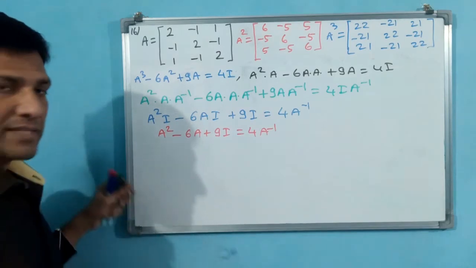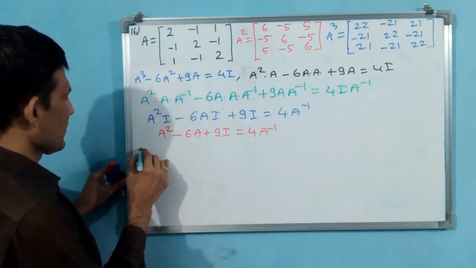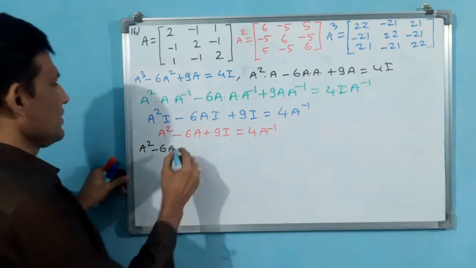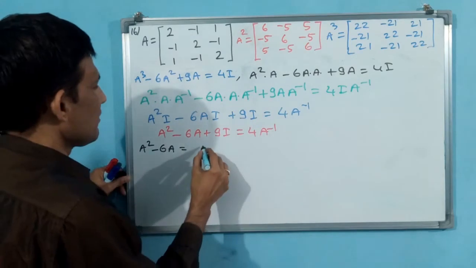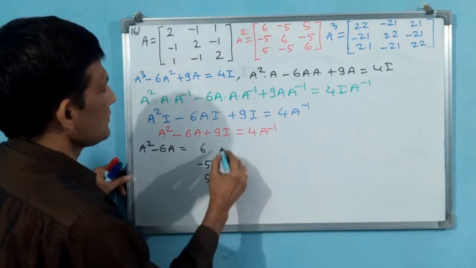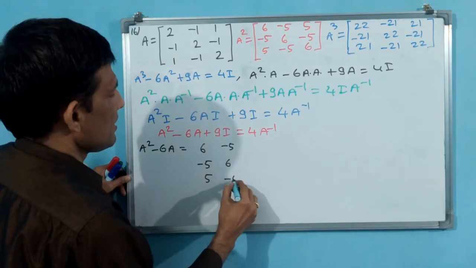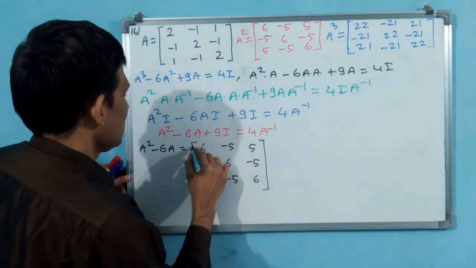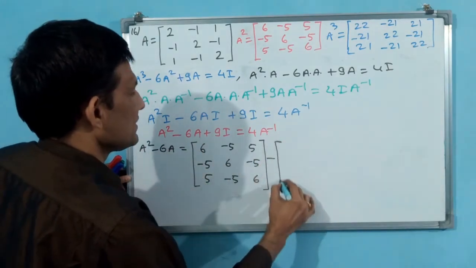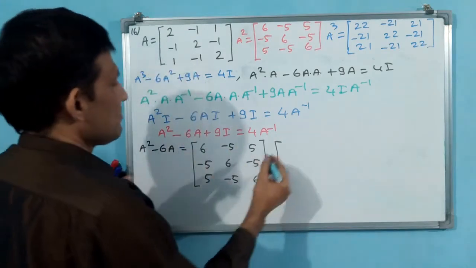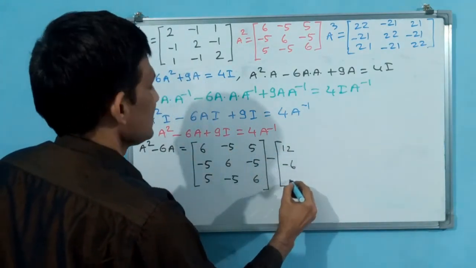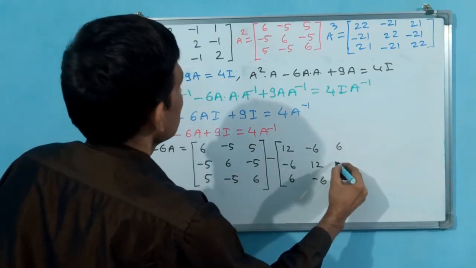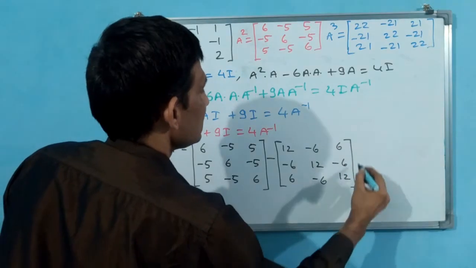First I will do only A square minus 6A. A square minus 6A is equal to A square, which I have got, minus 6A. 6 times 12 minus 6, 6 minus 6, 12.